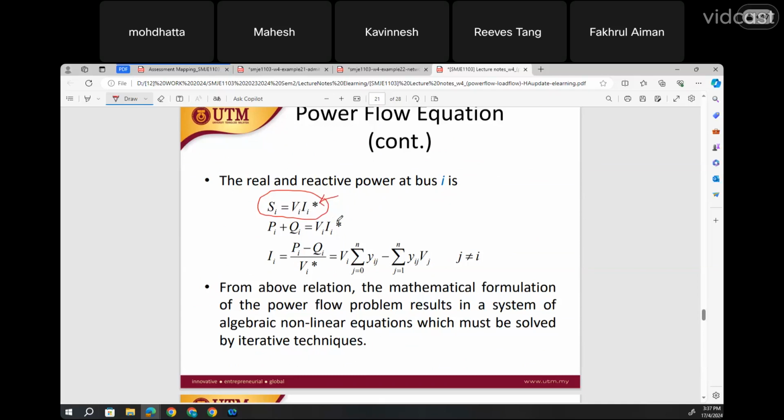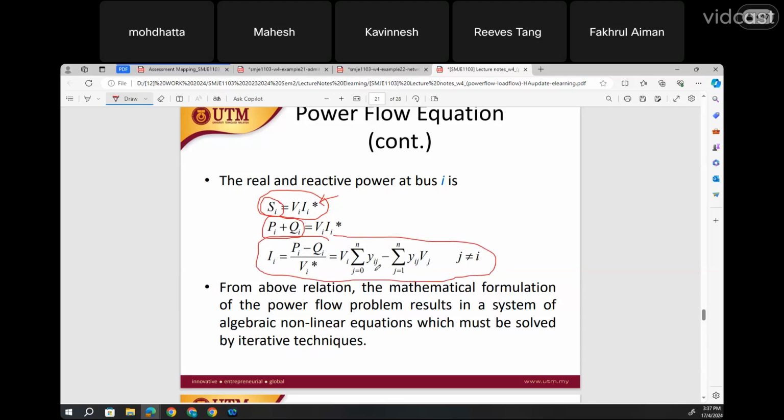You should also understand that this equation for S, our complex power, can also be rewritten like this. Based on these two equations, you can gather everything together and come up with this equation. This equation is very important in terms of understanding the basics of it.